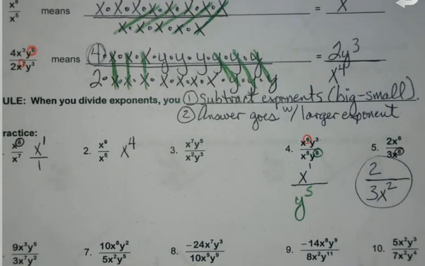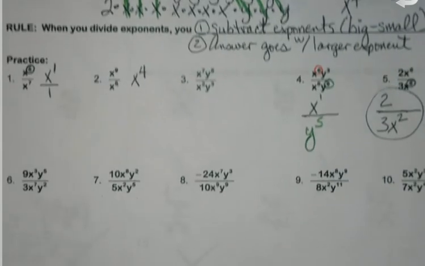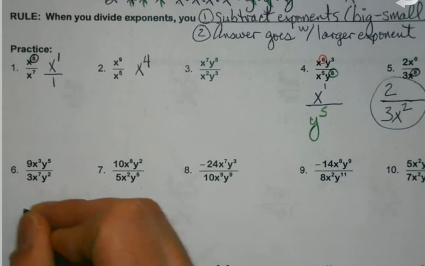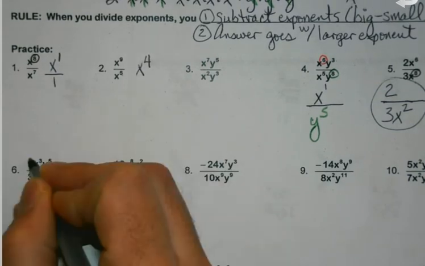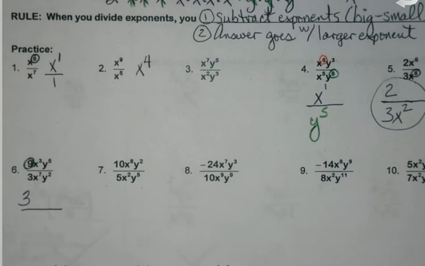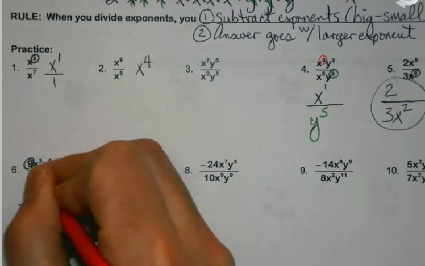So let's keep trying some of these out. What about 6? All right, start with the numbers. 9 divided by 3 is 3. Again, bigger number up top, so my 3 goes up top. Okay, so my x's, where's the bigger one? On the bottom.